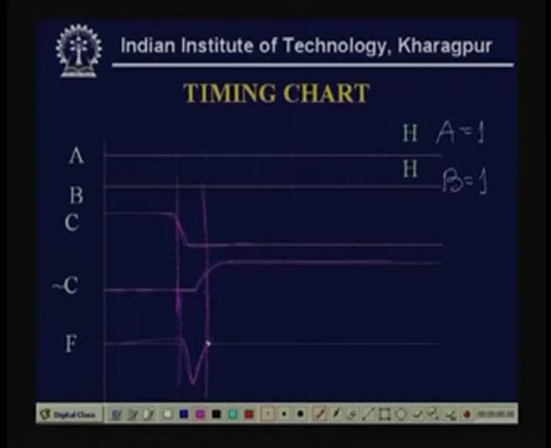So, if we consider the timing chart, this is the reason why we are getting an undefined output, or not the correct output, at this stage when C is switched.